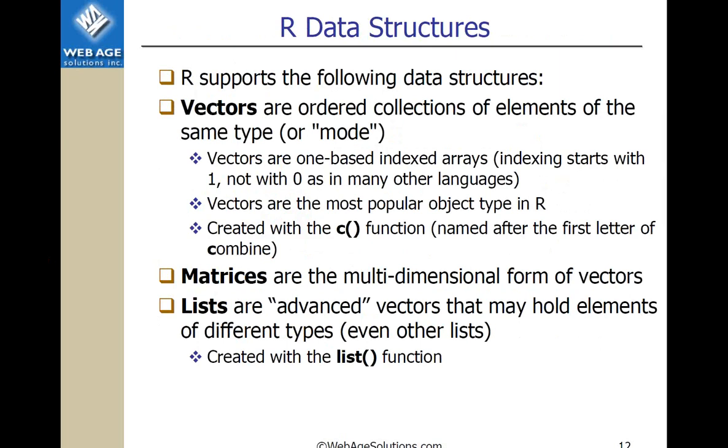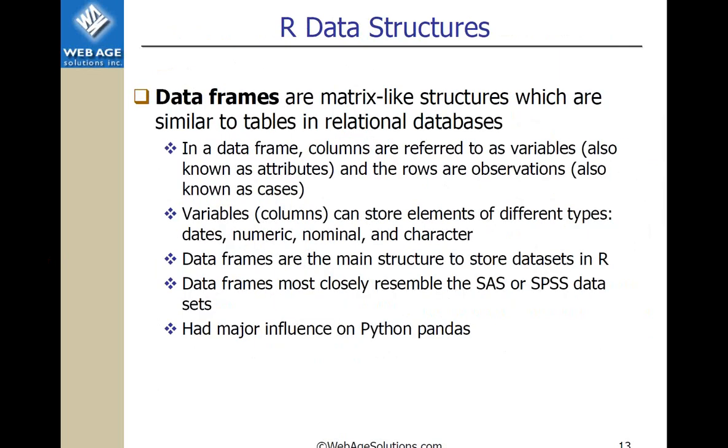Matrices are multidimensional forms of vectors, two-dimensional to be more precise. Essentially, matrices also have elements which are of the same type. There would be a slide to illustrate and showcase how easy it is to do linear algebra with R, because it has matrices built in.